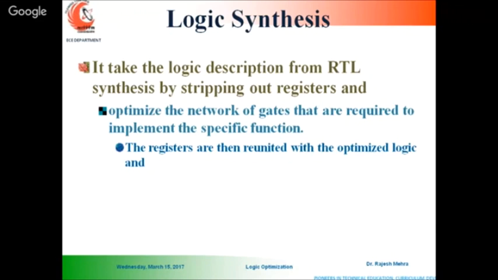Now you are going to optimize that network of gates again. So after stripping out the registers, you optimize the network of gates that are required to implement that specific function. After your logic synthesis part, again you reunite the registers with optimized logic.